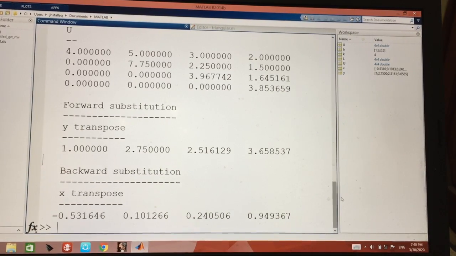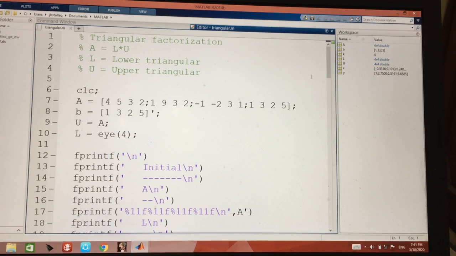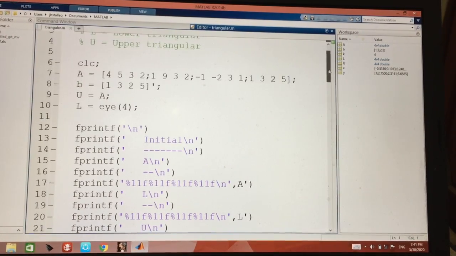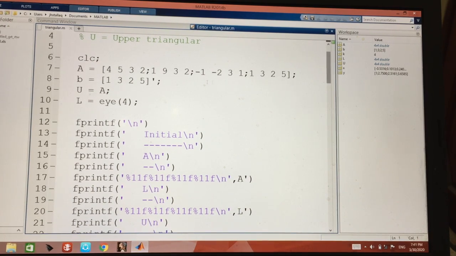Let me demonstrate that program for you, what we have. I will upload that program for you. Here is the triangular factorization, okay? We defined A as a 4 by 4 matrix. U is, that's the initial, okay?